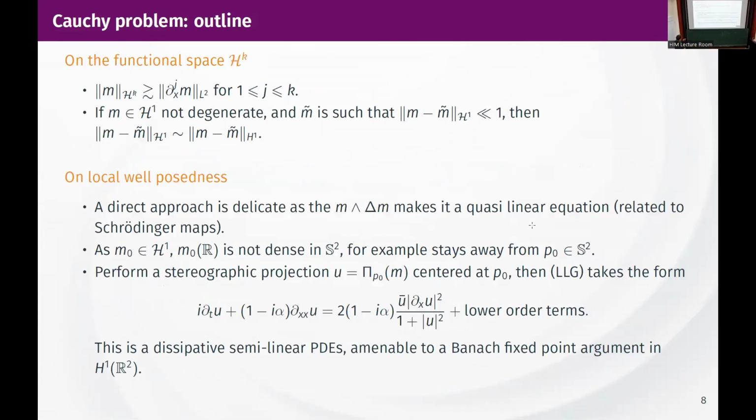Okay, so the functional space we choose is like this, but in fact, you have to work a bit, but you can see that you control all the derivatives between 1 and k.